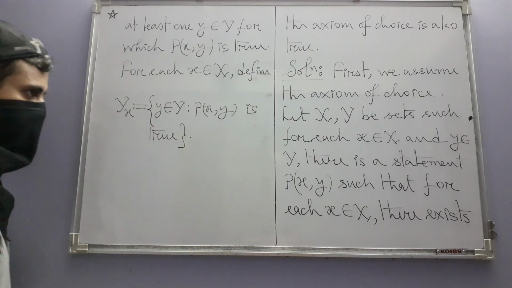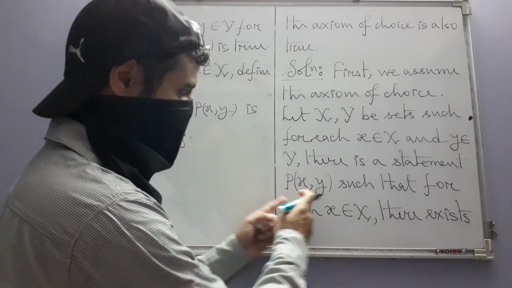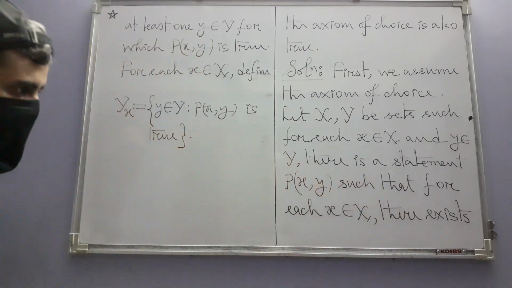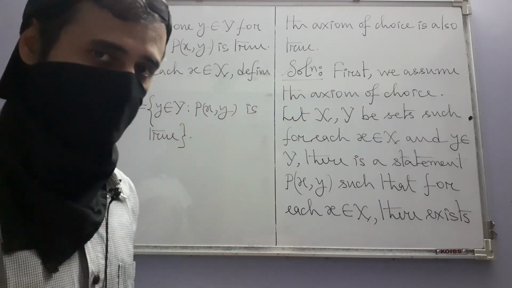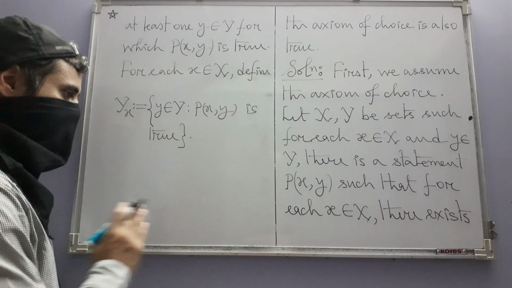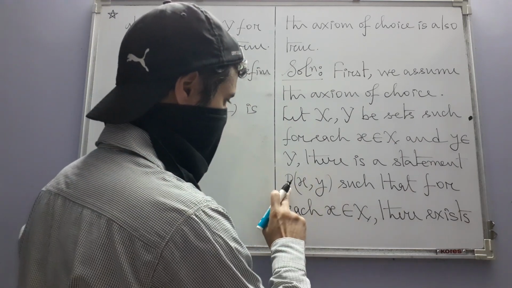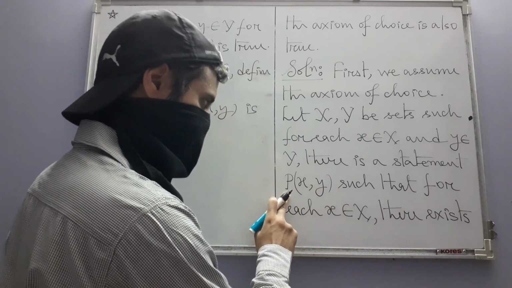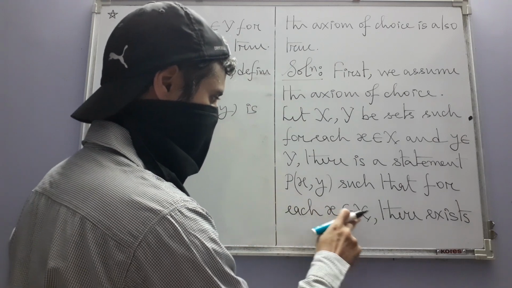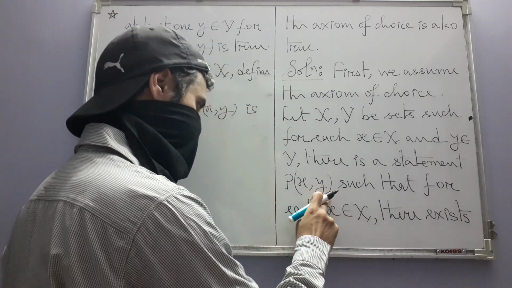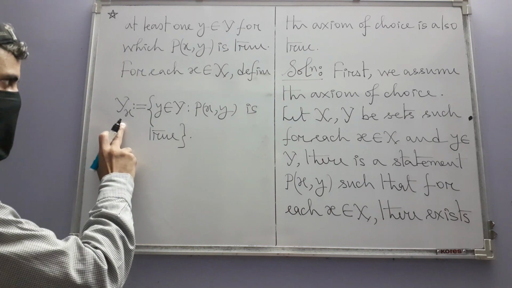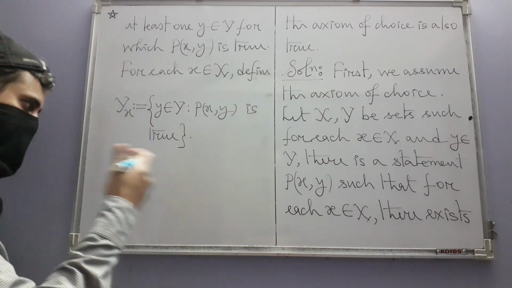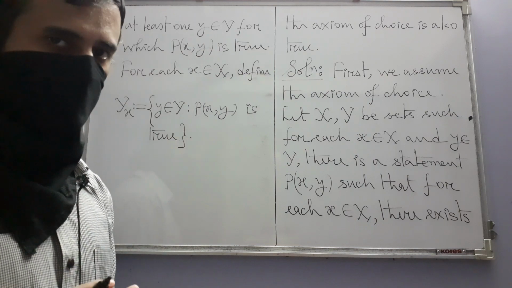So now, what does our hypothesis say about these sets? Namely, that each such set is non-empty, obviously, because that's what our hypothesis is. The condition that P satisfies is that for each x in x, there is at least one y for which P of x comma y is true, and yx is the set of such y's for which P of x comma y is true.